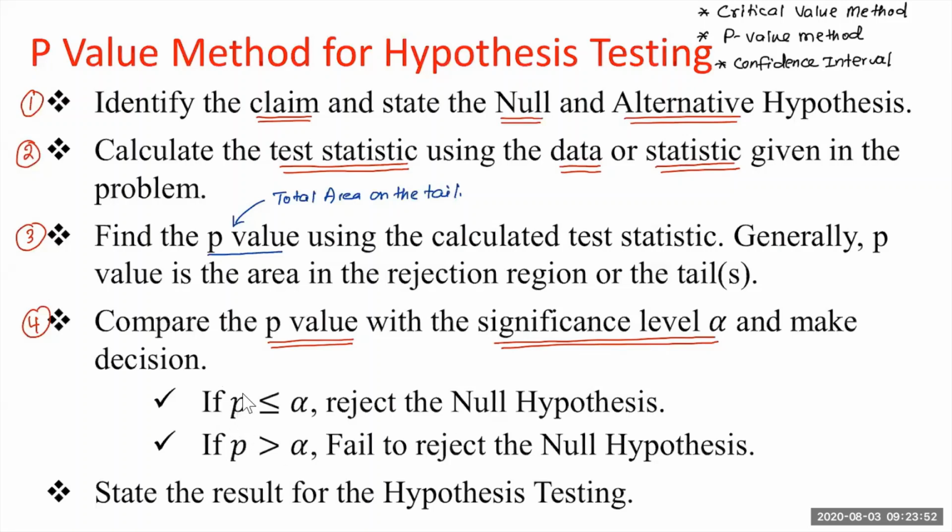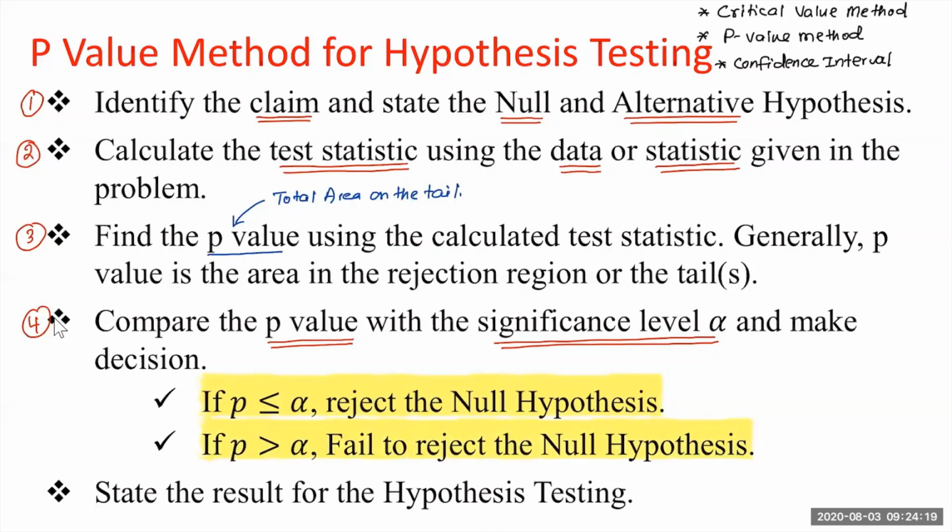And if you find that the value of p is less than or equal to alpha, in that case, we reject the null hypothesis. Remember the first case. If the value of p is less than or equal to alpha, we reject the null hypothesis. Whereas if the value of p is greater than alpha, we fail to reject the null hypothesis.